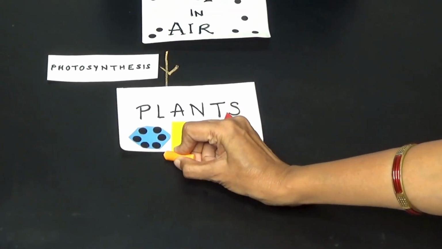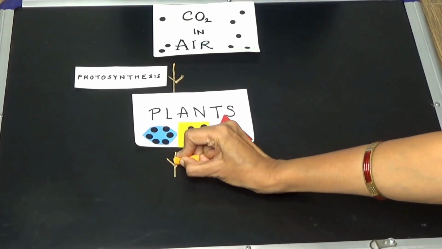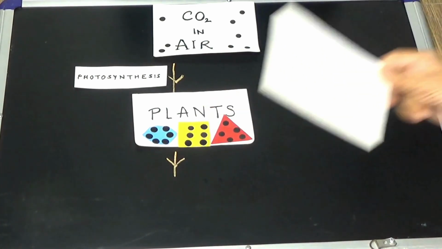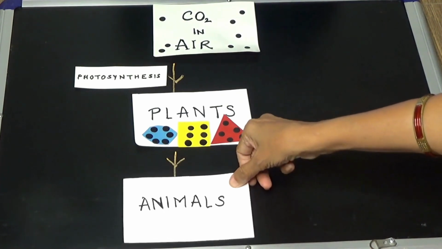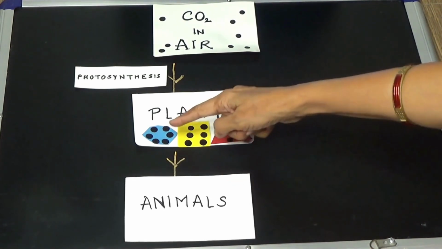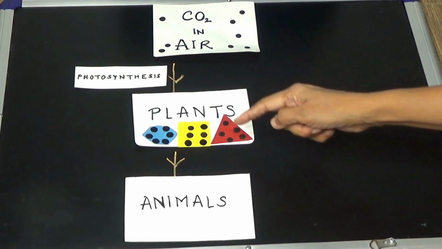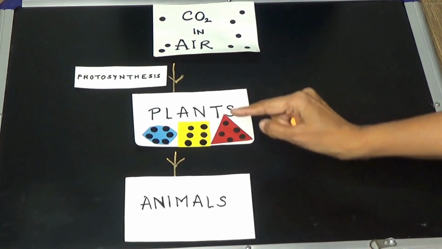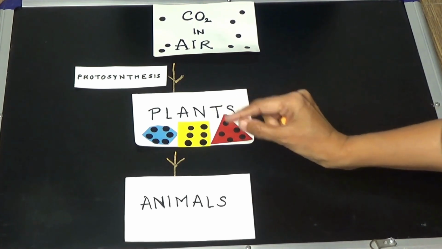And now these plants are eaten as food by animals. Animals also have carbohydrates, fats and proteins, but they are not identical to those in plants. So animals first digest plant bodies, breaking them up into smaller units.